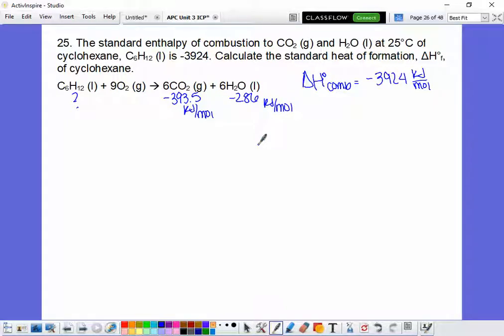Why didn't I give you oxygen? Because it's 0, and you know that elements in their standard state have a delta HF value of 0. So in setting this up, you're solving for one of the components, not the overall delta H of reaction.